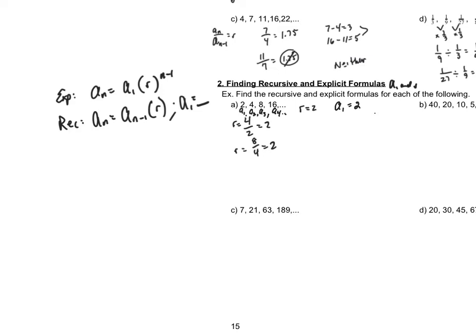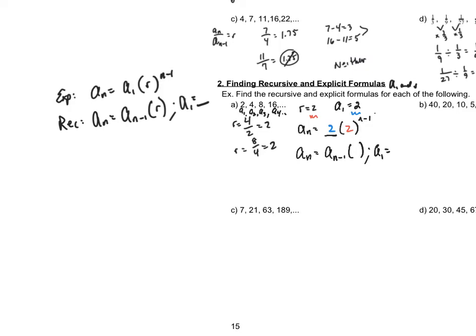So when I fill in my explicit formula, I'm going to have an is equal to some number times r raised to the n minus 1. And my r value is 2, and my a1 value is 2. And then there's my explicit formula. And then my recursive formula, I have an is equal to a(n minus 1) times my r, and a1 equals 2.